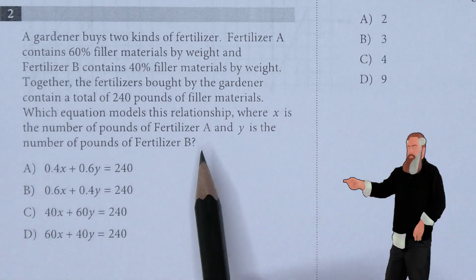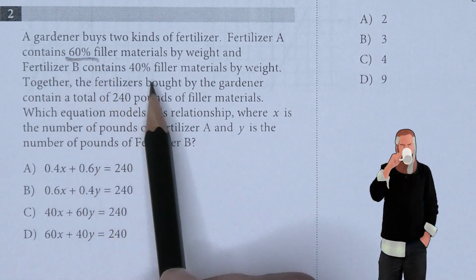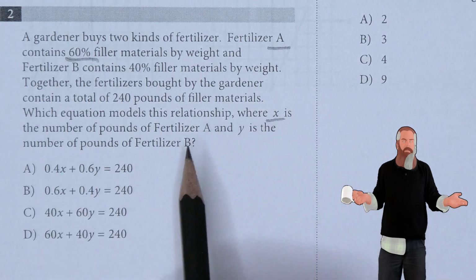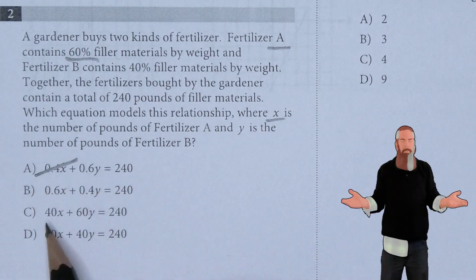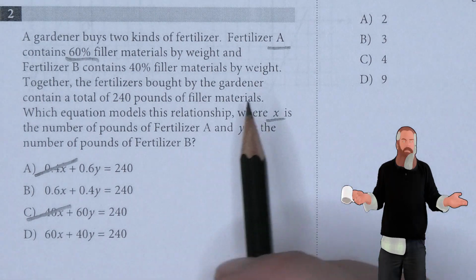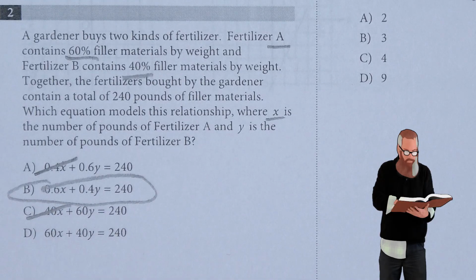So working back, 60% is filler weight for A, and A is X. So we're looking at a 0.6X has to be there. So A and C are both gone. Now 40% is 0.4, so we get B as the answer.